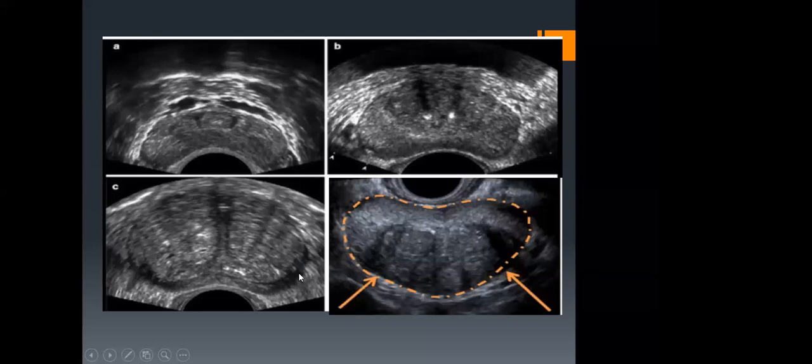And even sometimes the halo sign extends towards the capsule. And then here you have calcifications, and you can see this prostate is heterogeneous. Just look at this, it is heterogeneous, and sometimes is mimicking small masses within it. Typical.